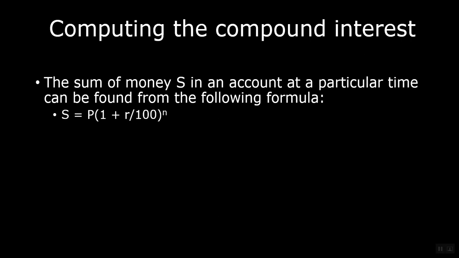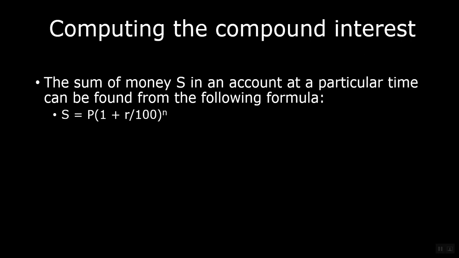Now, at some point in these notes, I refer to N as the time in years. N is the number of periods over which interest is added. So if you've got an interest rate of R per annum, then you've got R over 12 per month, and the period is a twelfth of a year.